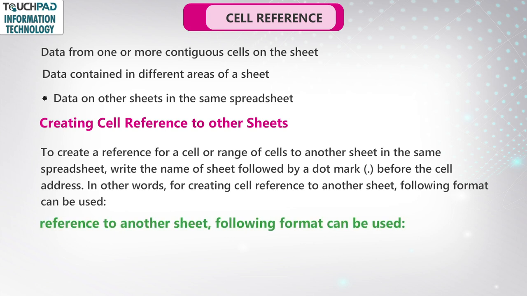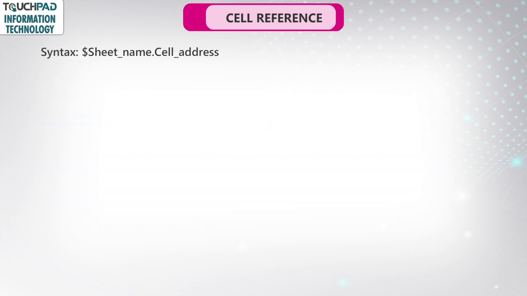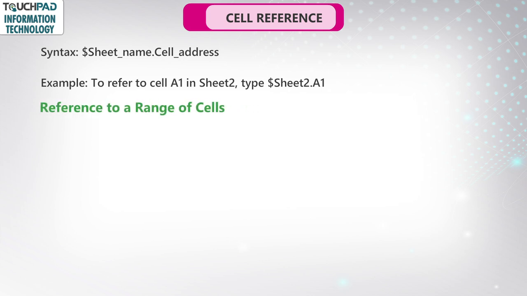Reference to an individual cell. Syntax: $sheet_name.cell_address. Example: to refer to cell A1 in sheet 2, type $sheet2.A1. Reference to a range of cells.